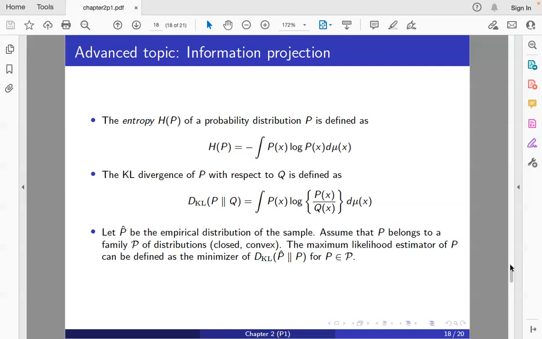That means the MLE is the minimizer of the Kullback-Leibler divergence measure from the empirical distribution to the model space.